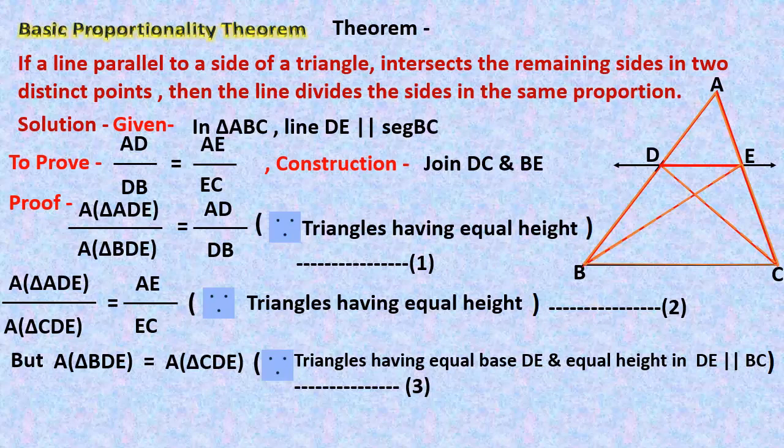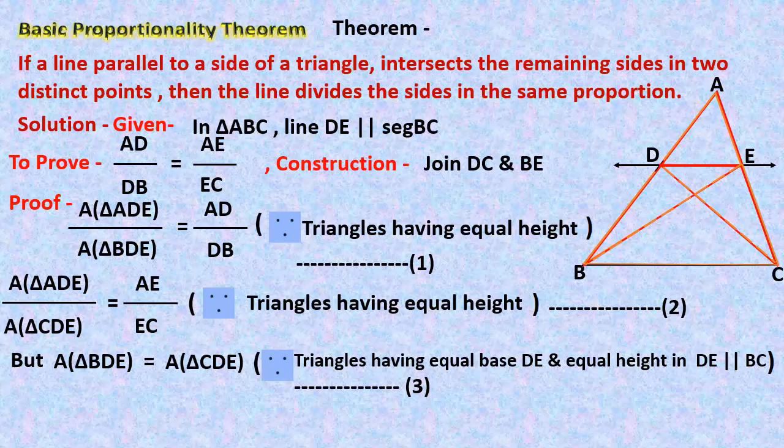Therefore, both areas are equal. That is equation 3. From equations 1, 2 and 3, the denominators are equal: in the numerator area of triangle ADE, and in the denominator the areas of triangle BDE and triangle CDE, which are equal by equation 3.